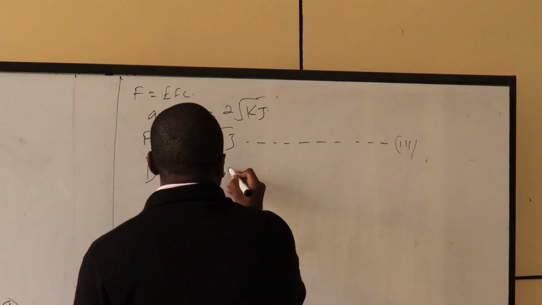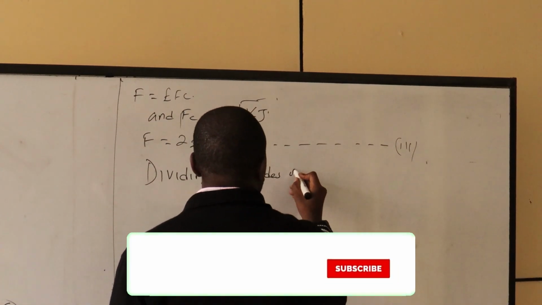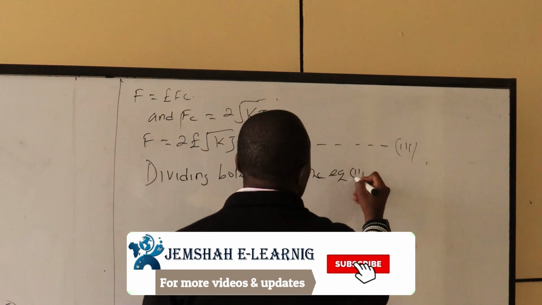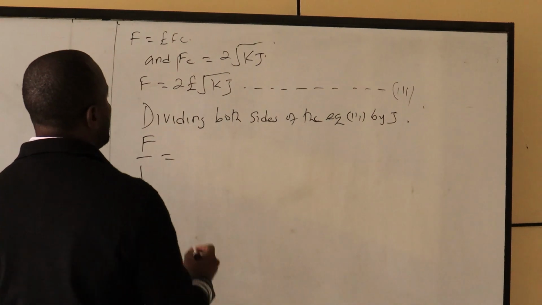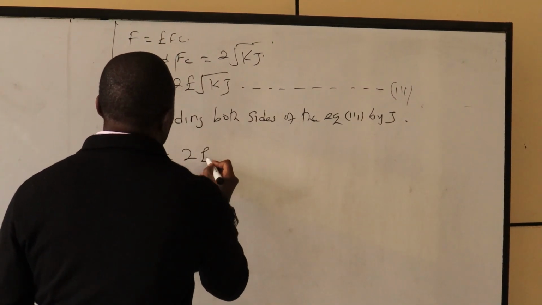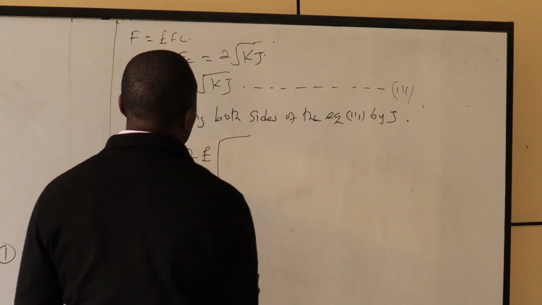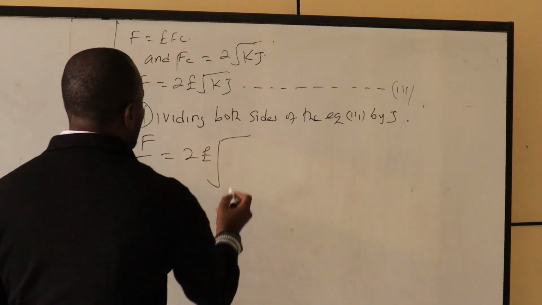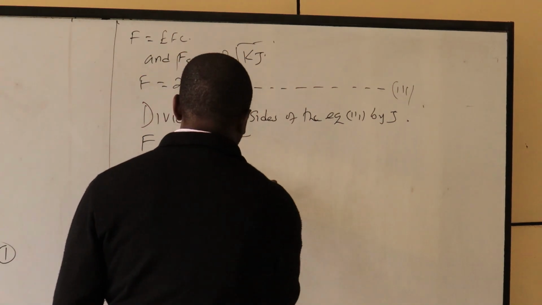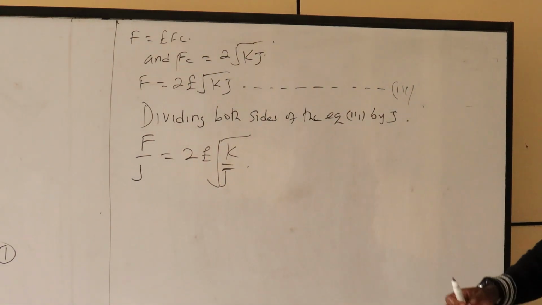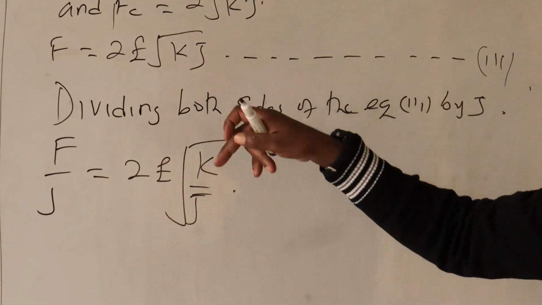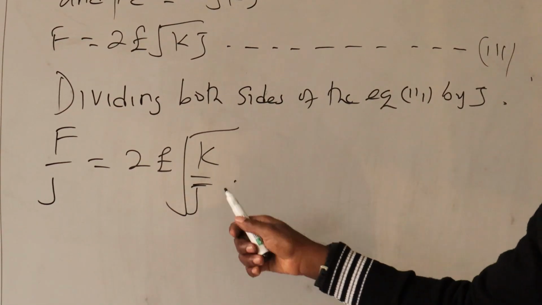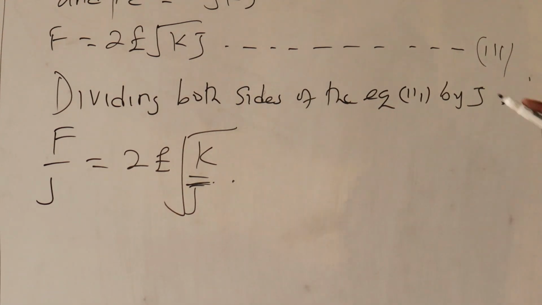Dividing both sides of equation 3 by J, we are going to have F over J is equal to 2 zeta root of k over J. Because if we divide by J, root J squared will give us J, so that is why we remain with the root of J down. K is not affected, and therefore we are going to have that.